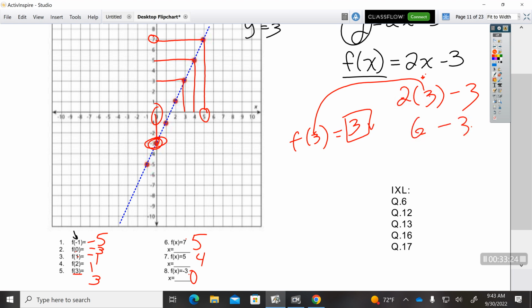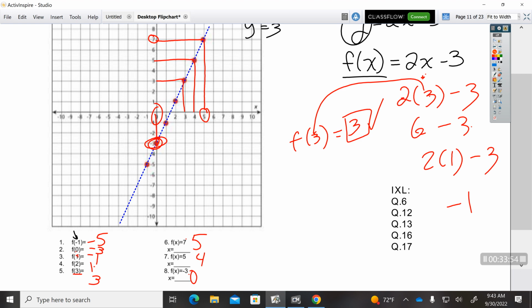What's 6 minus 3? 3. See how it gives me the answer? Try another one. Try the 1. 2 times 1 is 2. Minus 3? -1. You with me? The graph is the same as the function. If they give you the graph, you do it this way. If they give you the function, you do it that way. You with me so far?